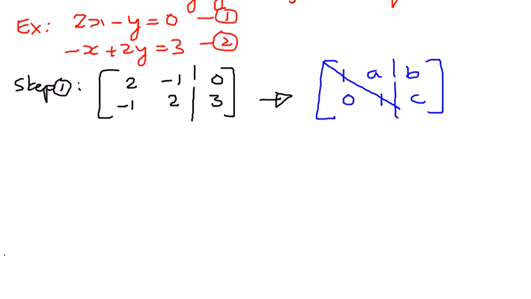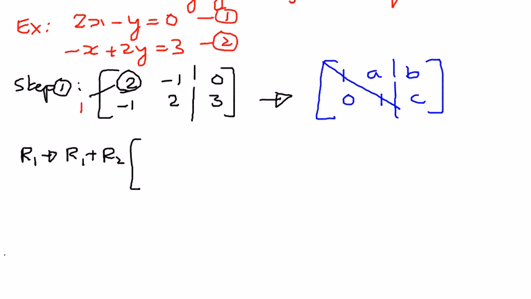So let's get started. In here we want a 1 in this location, and to achieve that we're going to do the following operation. We're going to say the new R1 we can write as R1 plus R2.